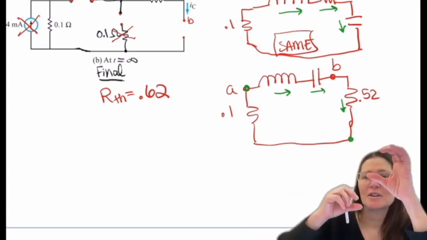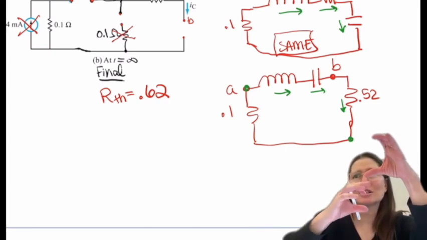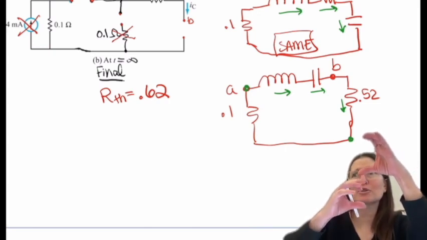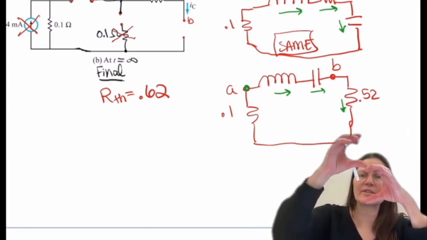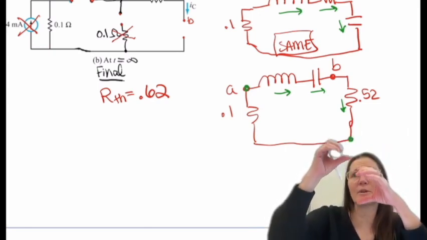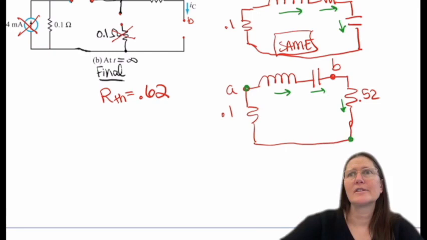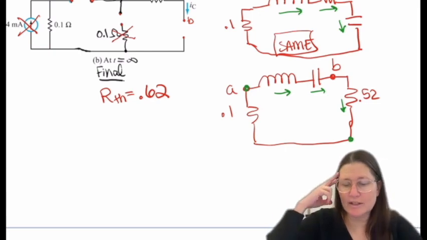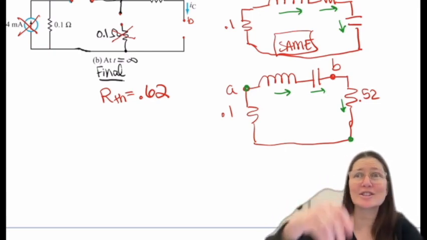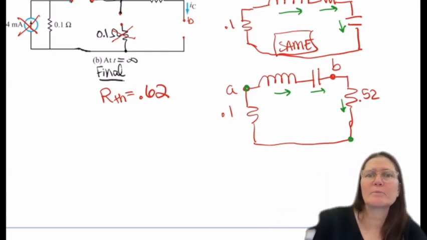It's just, here I might have 5 volts and here I might have 9, but the total drop across the whole thing is the same. And so because the drop is the same, it doesn't matter if I do 5 up here or 5 below, if that makes sense. Okay. So this is how we can get to where it's easier to look at that and say, yeah, they're in series and it's going to be 0.62.